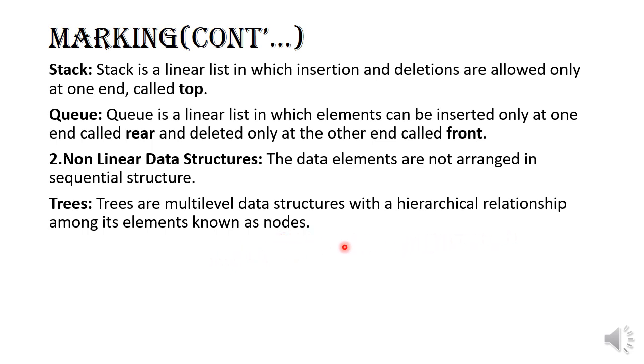To access an element of a tree, you can only access a node from a given tree in a hierarchical manner. Trees are data structures with a hierarchical relationship among their elements known as nodes.